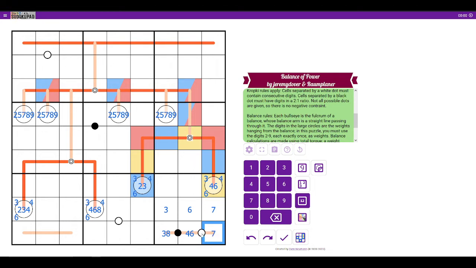So this is 7-3. So we have 3-6-7 or 8-6-3. Sorry, 8-4-3. No matter what, there's a 3 there.